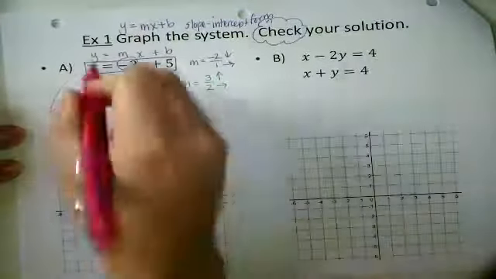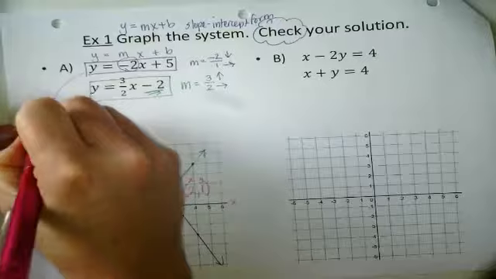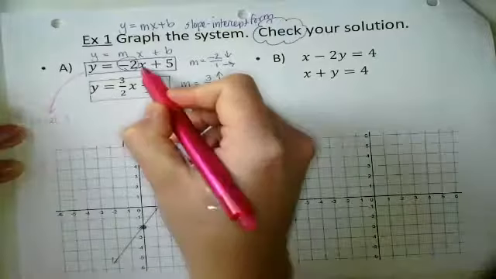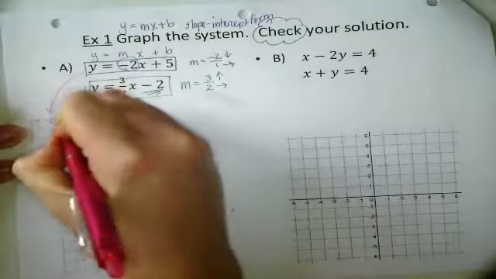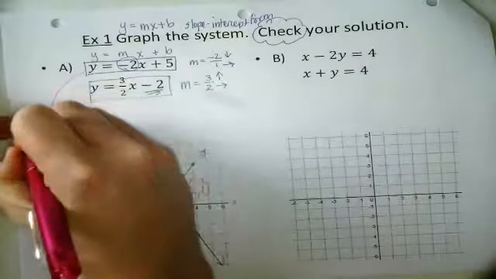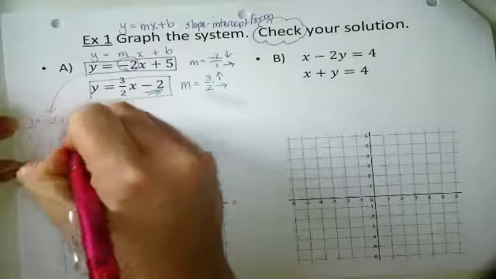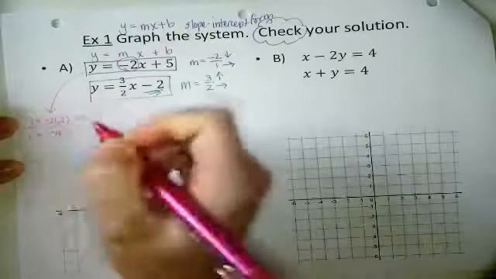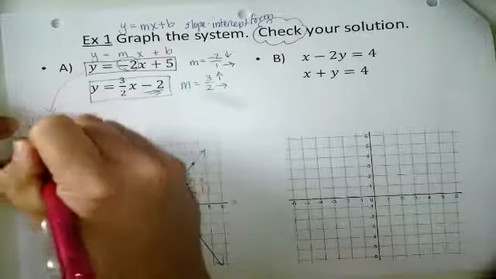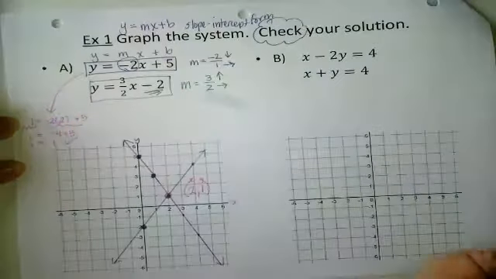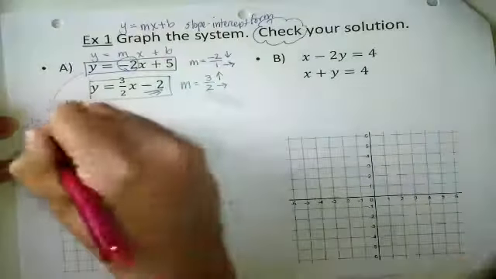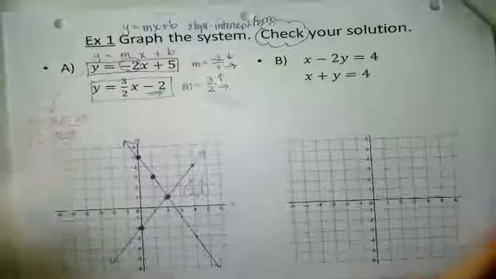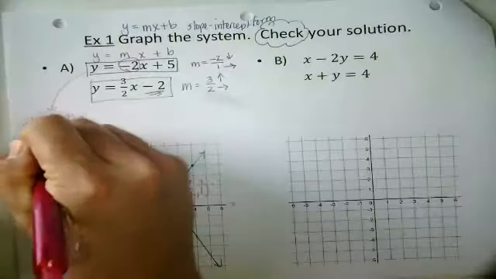I'm going to plug in the 1 for the y, and then -2, and in place of the x, I'm going to plug in my 2. We're just checking for balance. Here we'd have -4 plus 5, and that is correct. -4 plus 5 is 1, and we have balance.